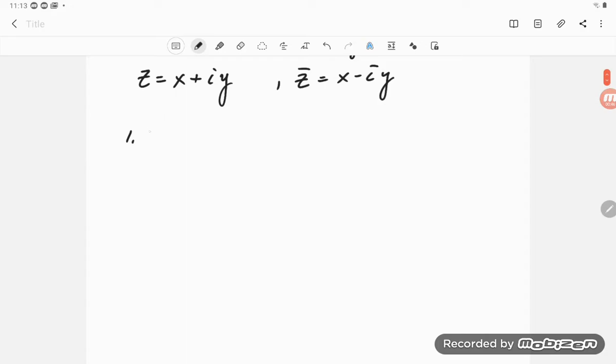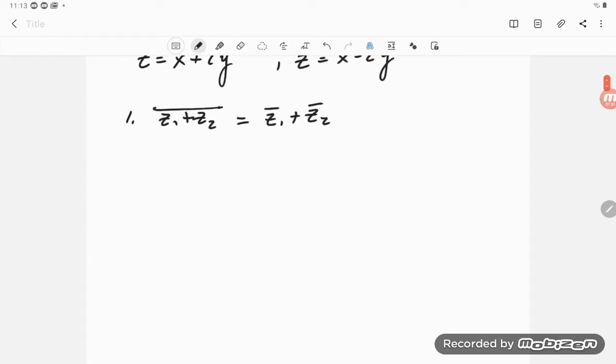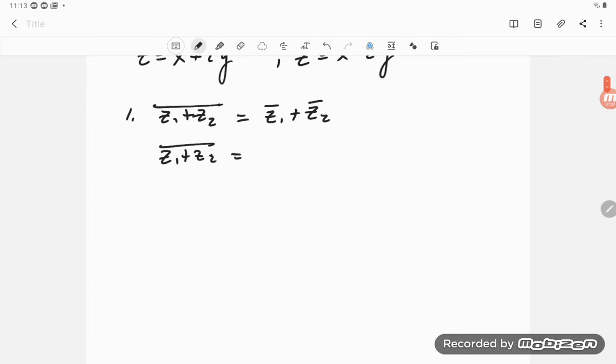So, for instance, one property is that the conjugate of a sum is just the sum of the conjugates. If you're proving something like that, you start with z1 and z2 being x1 plus iy1 and x2 plus iy2.